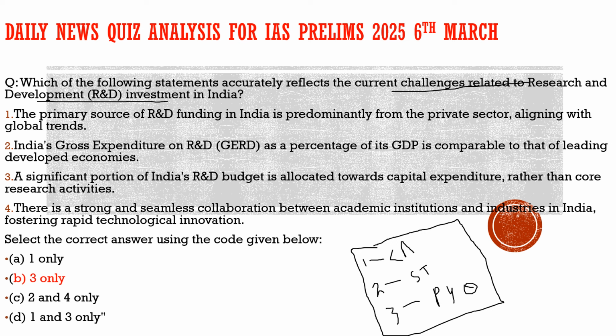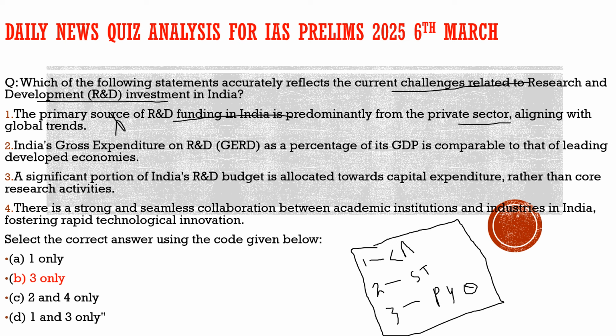First statement, the primary source of R&D funding in India is predominantly from the private sector, aligning with the global trends. This is totally incorrect. This is one of the issues in our research and development investment, that the private sector is very less involved in it. Most investment is done by the central government itself. So this is one of the major issues, and being in line with the global trends, we are very far from that.